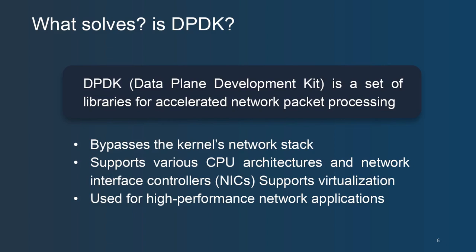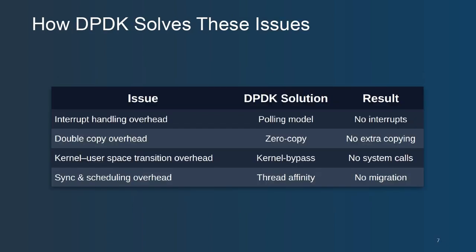Another important point is that DPDK works well with virtualization and can be used inside virtual machines or containers. In practice, DPDK is used whenever we need high-performance network applications that must handle millions of packets per second with very low latency.